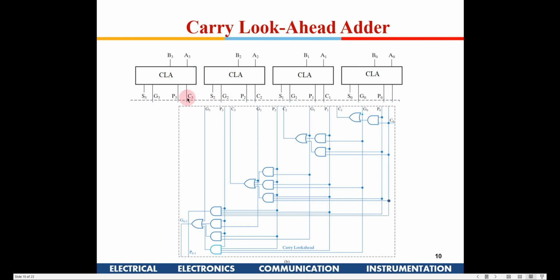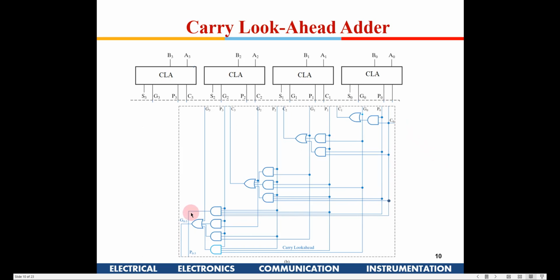Otherwise, if it is a propagate here, here, and here, then depending on C in. So this propagate is put here, this propagate is put here, and this propagate also is put here. All the propagates have been put here, and you have C0 also put in here.